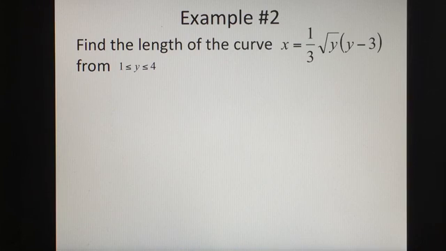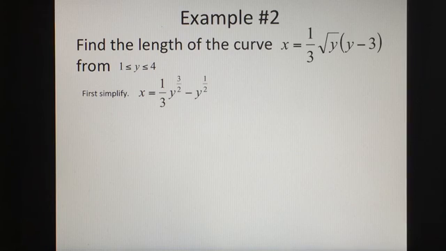So find the length of the curve x equals 1/3 square root of y times y minus 3 from 1 to 4. Same process as before, but in this case, there's a step that we have to do first. We're going to simplify first. It's going to make it a little bit easier. So when we simplify, this is what we get for x.